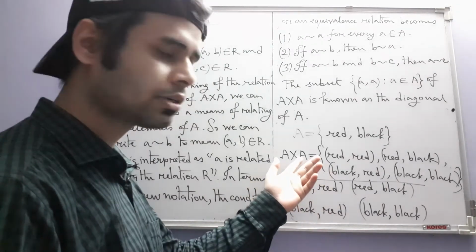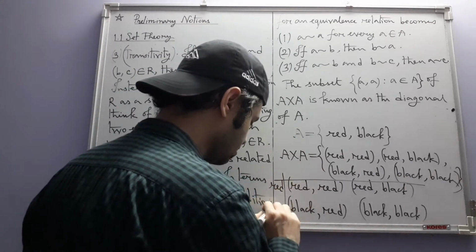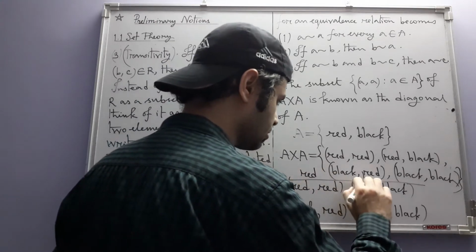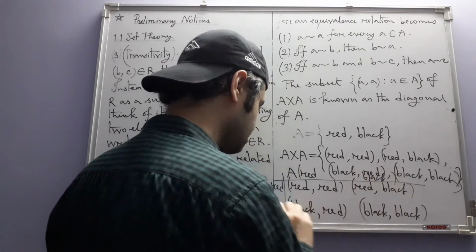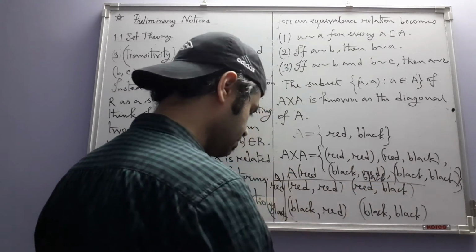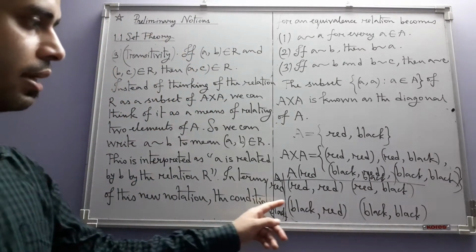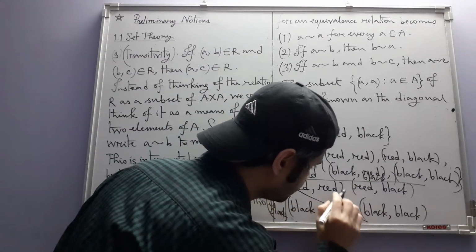The second coordinates are also coming from A, but here you have red, black, red, black. So this is one set A, this is the other set A, and they are being combined to form this A cross A. So this is the diagonal.